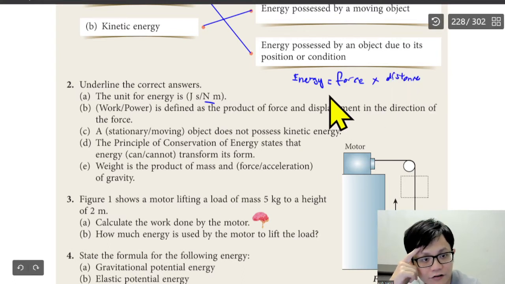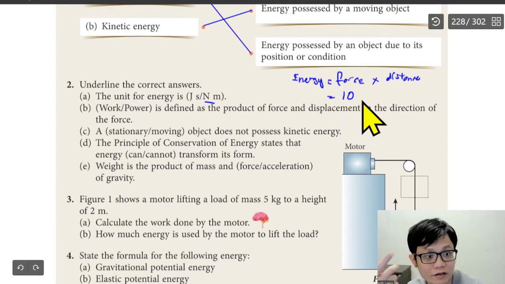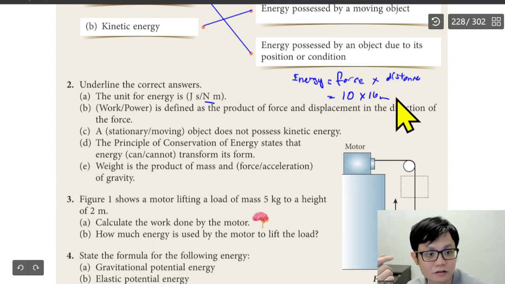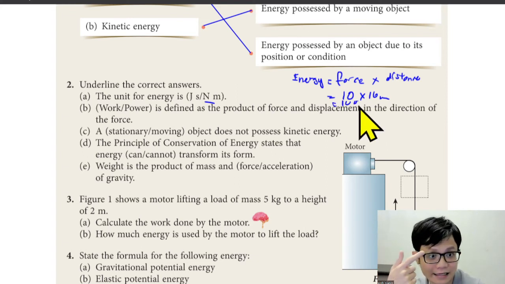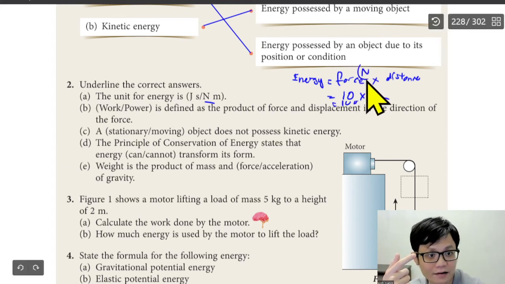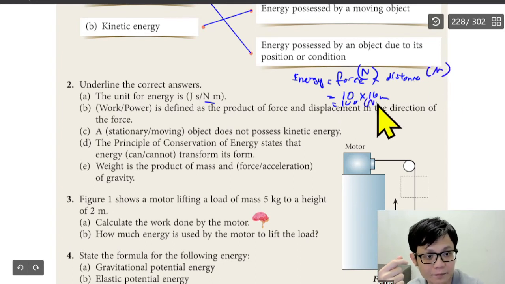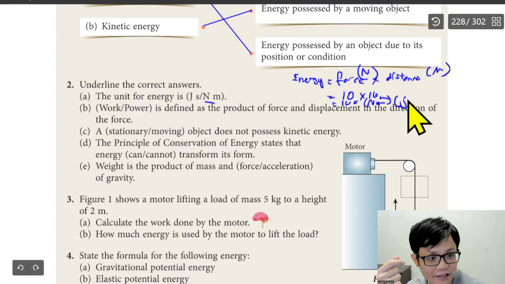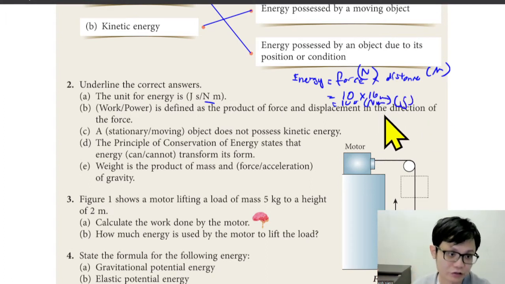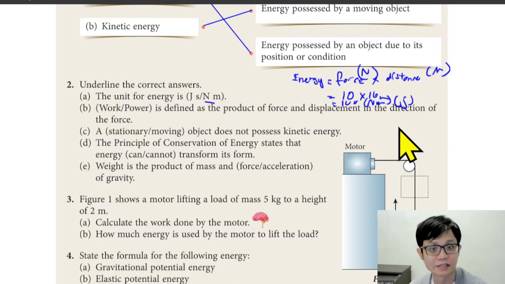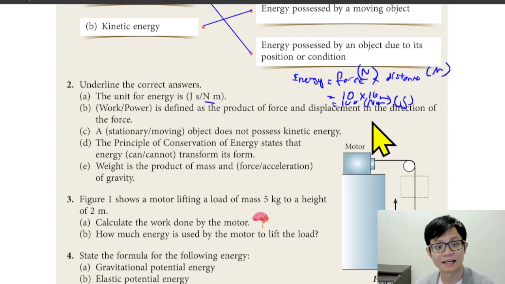Let's say the force is 10 Newton times distance 10 meter, so I get 100 joule. Because this is N and this is m, I can write 100 Nm or 100 J. It's the same thing, but usually people write J because it shows that you understand that it is energy.